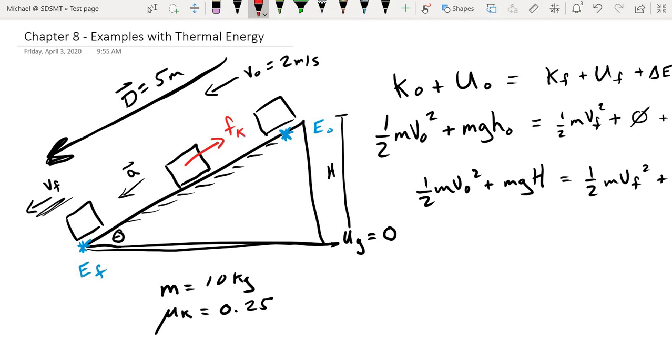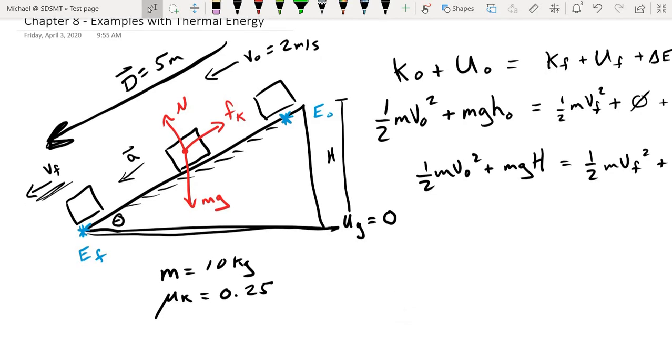So our friction force is uphill, and while we're at it, we may as well put in all the other forces that are acting on our mass. And we need those other forces because our definition of friction force is coefficient times normal. And so now we need to know what the normal force is.